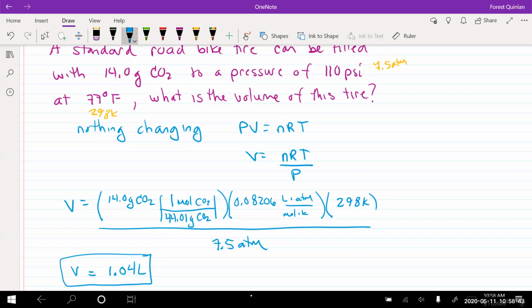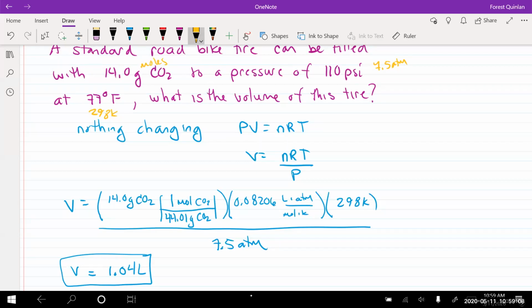I'm confused because we were dealing with grams and then you went to a liter at the end. No, I didn't. So 1 mole over 44.01 grams. Oh, because I asked how big. I asked what's the volume, right? Yeah. So let's take a look at this real quick. We have these grams. We know that this is moles.